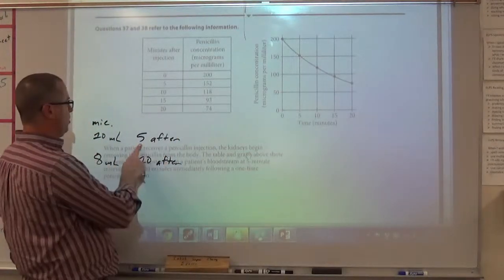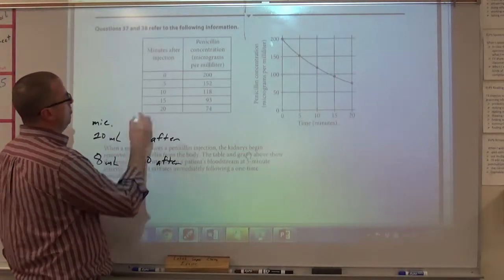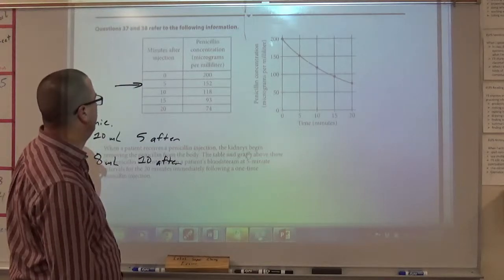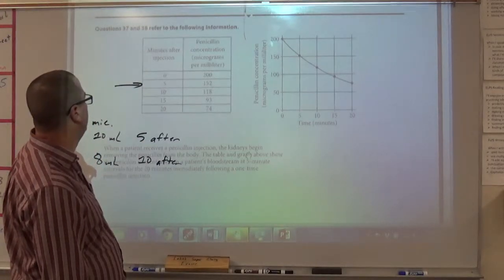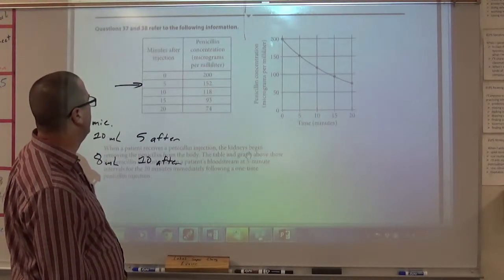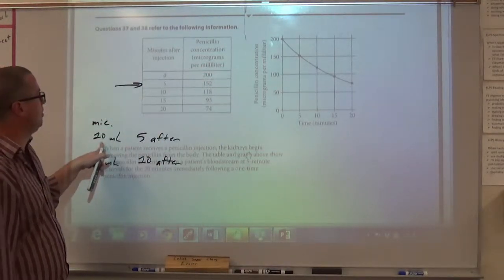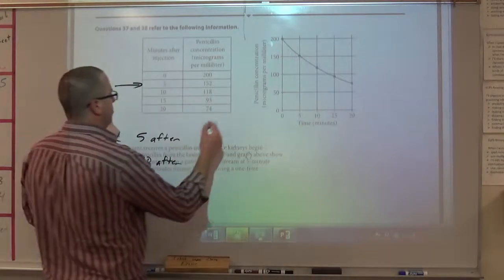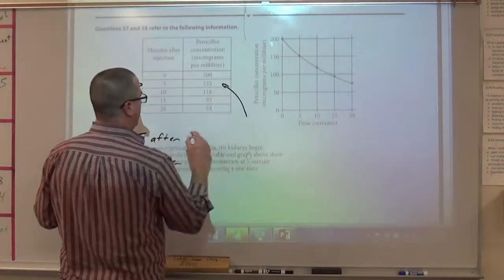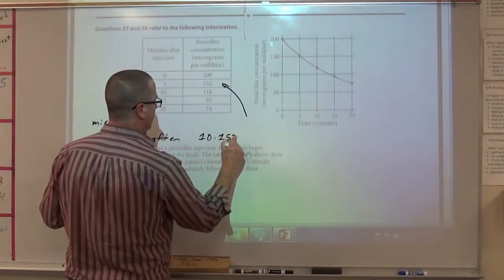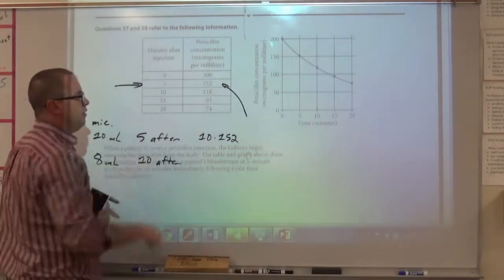Alright, so first we've got 5 minutes after. And this is per milliliter. So if I had 10 milliliters, then this is going to be 10 times 152, because this is for each milliliter.